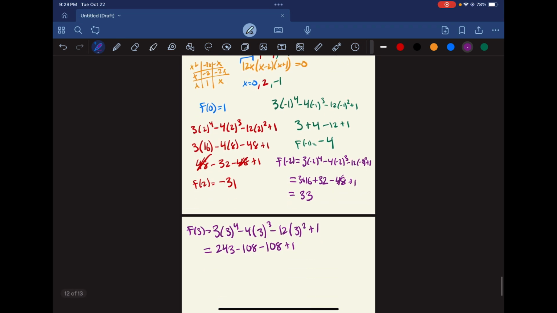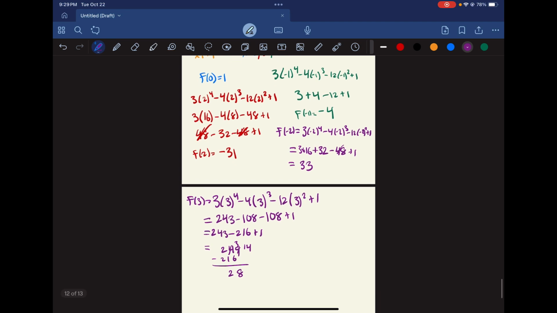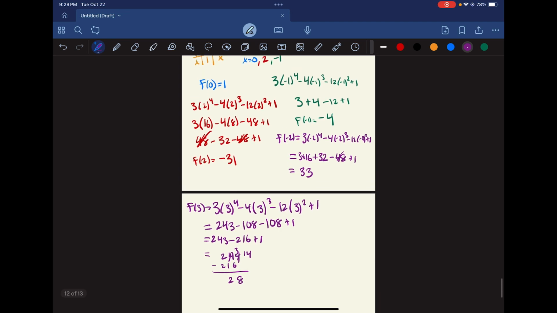Those 108s don't even cancel out, do they? Well, so that's 243 minus 216 plus 1. So that is 244 minus 216, which is 28. So f of 3 equals 28.